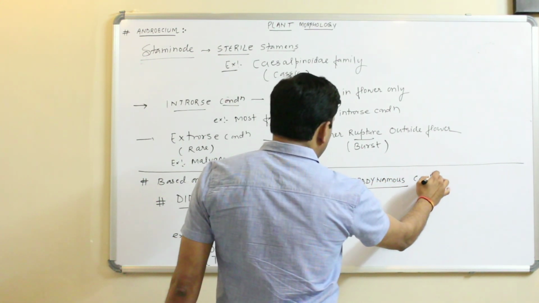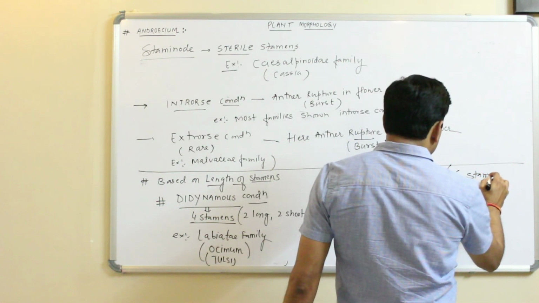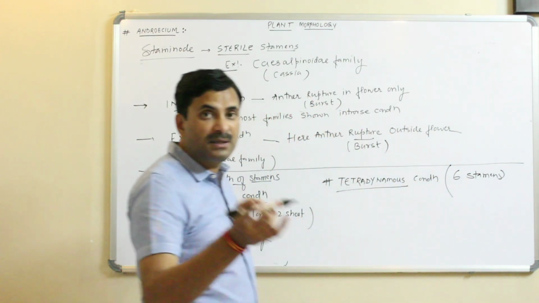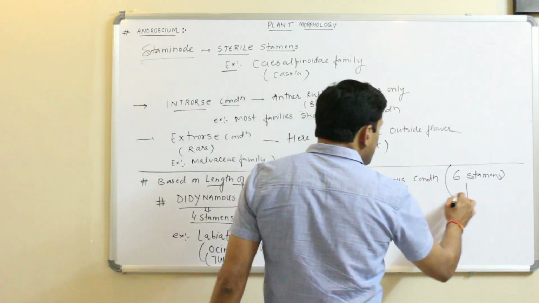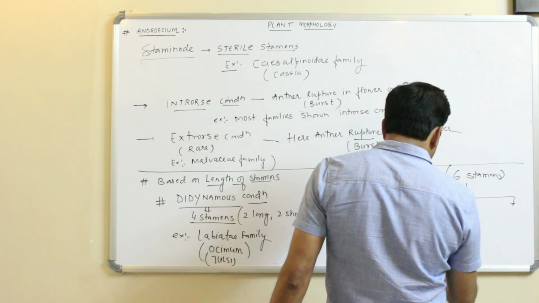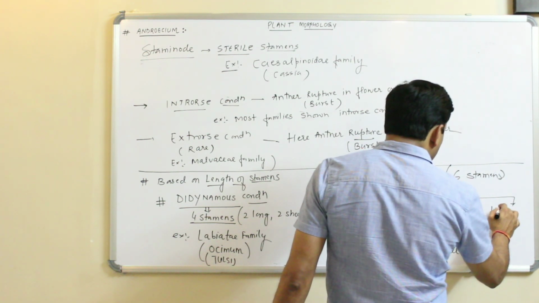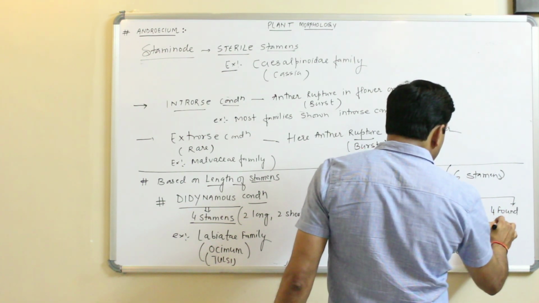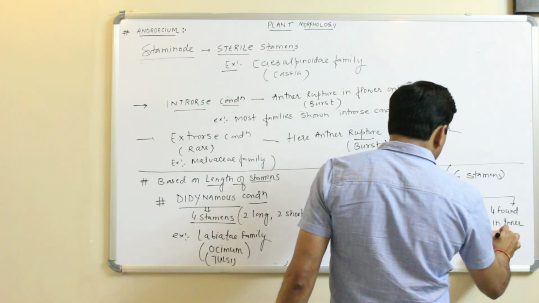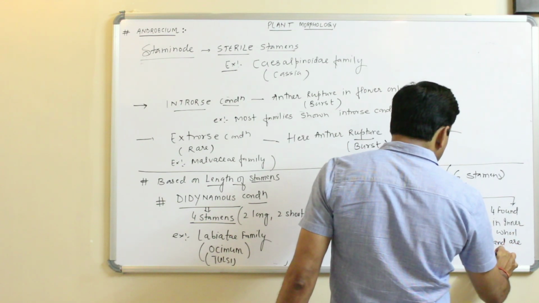condition. Now, in tetradynamous condition, how many stamens are there? 6 stamens. Don't be confused with tetradynamous. So total 6 stamens. Out of the 6 stamens, 2 found in outer whorl and are small. 4 found in inner whorl and are big in size.